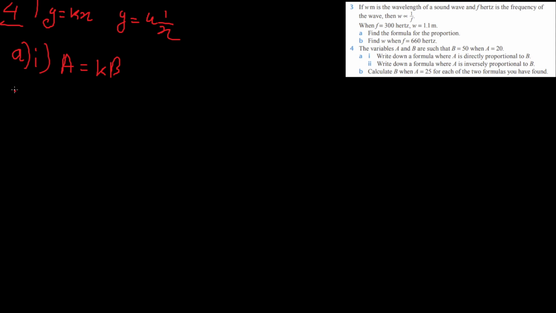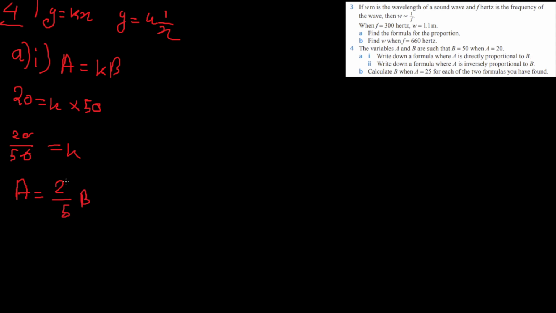Our a value is 20 equals k times 50. If you put 20 here and 50 here, cancelling the zeros, we get 2 by 5. So our formula for the direct one is a equals 2 by 5 b.